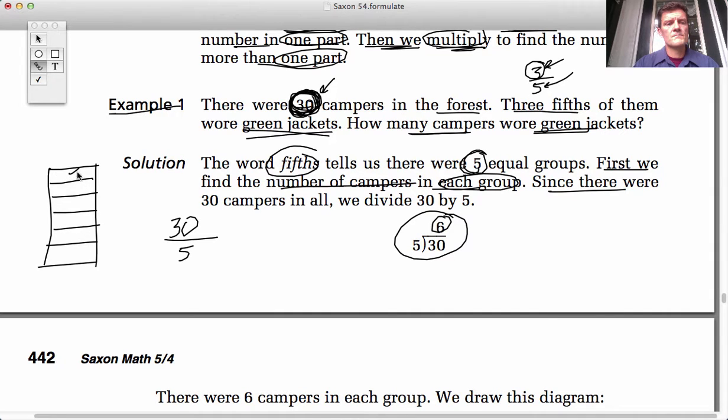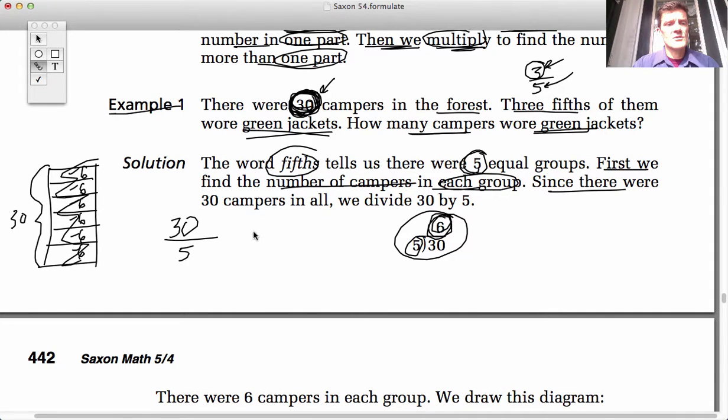Each of these is an equal group. 1, 2, 3, 4, 5. Sorry about that, I should only have 5 groups.